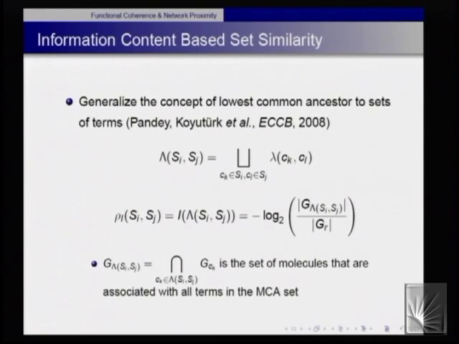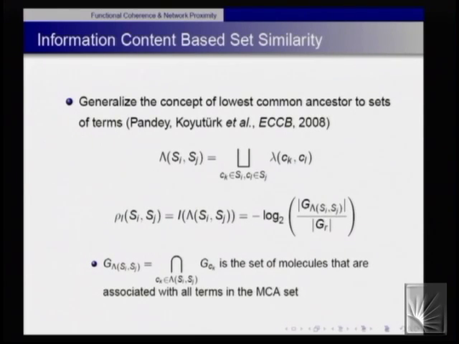So then our approach was, instead of computing the aggregate, we should directly compute, and actually we were able to generalize Resnik's measure to sets. So now you have two sets that you want to compare. Instead of computing a single lowest common ancestor, compute a set of lowest common ancestors.